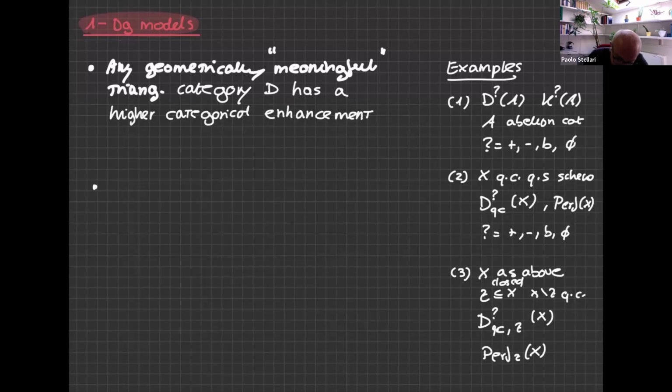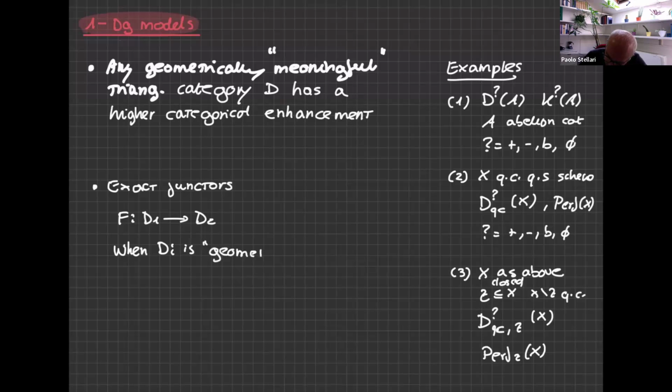And whenever I consider exact functors between them, say F from D1 to D2, when D1 and D2 are geometric, F can be lifted if and only if it is of a very special type.